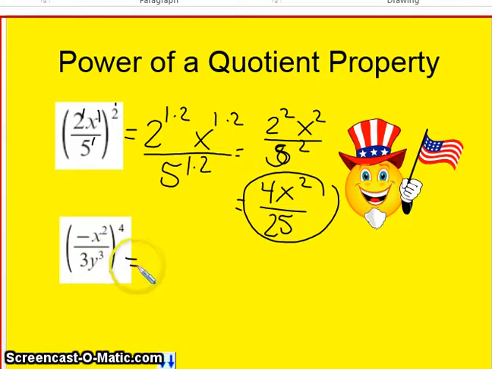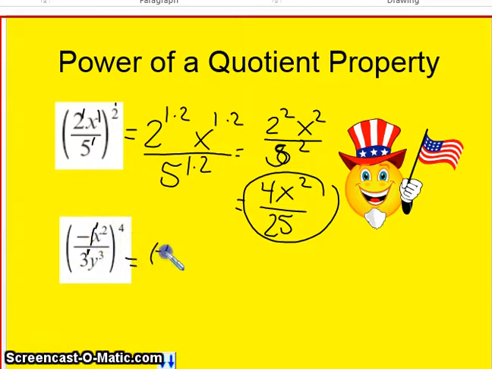Now, in the second example, it's the same thing. I have negative x squared, so I kind of have a negative 1 out there to the first power. And then I've got over 3y to the third, so there's like a 3 to the first power right there. I have to multiply this 4 by every exponent inside the parentheses.